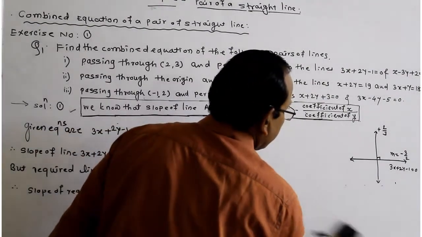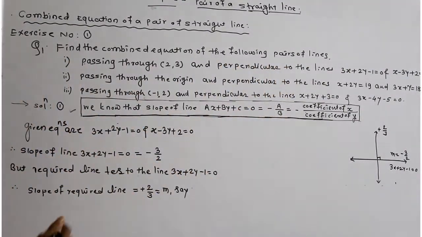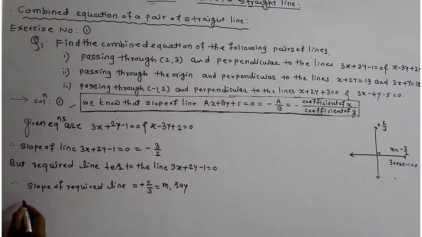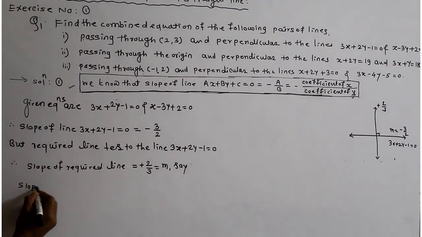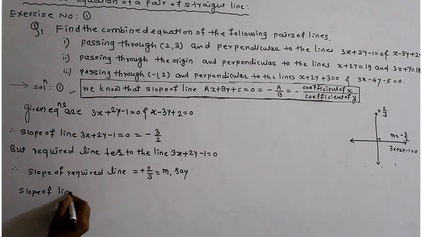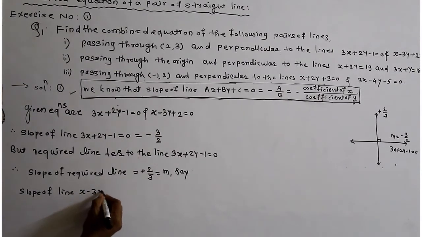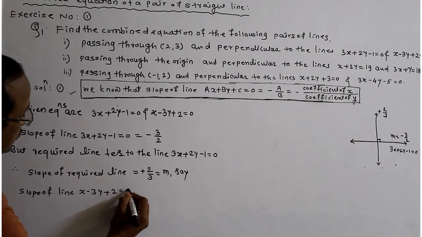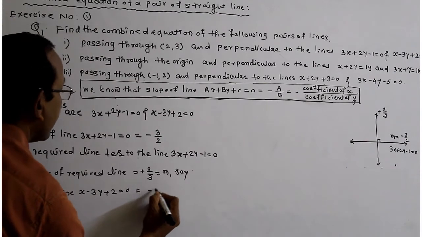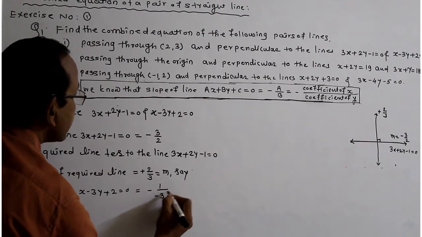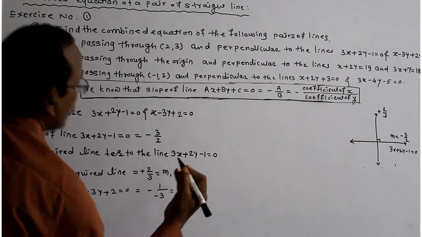So now find the slope of the second line. Slope of line x minus 3y plus 2 is equal to 0 is minus 1 upon minus 3, which is equal to 1 upon 3.